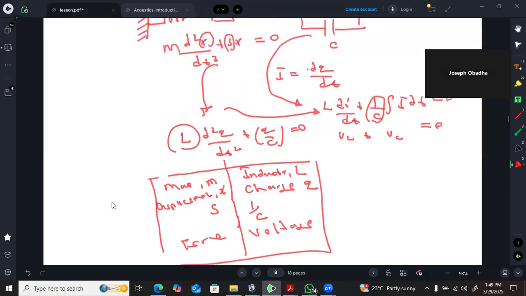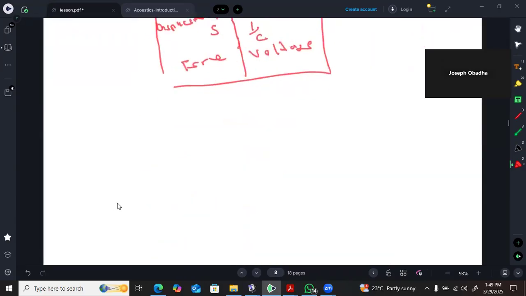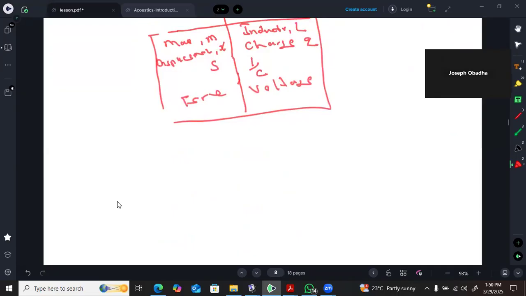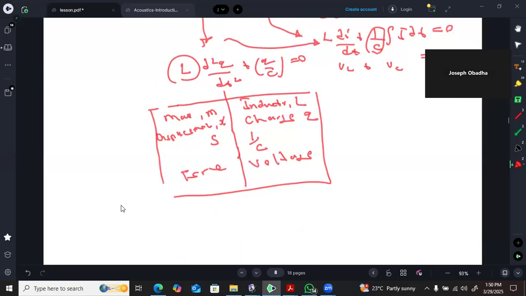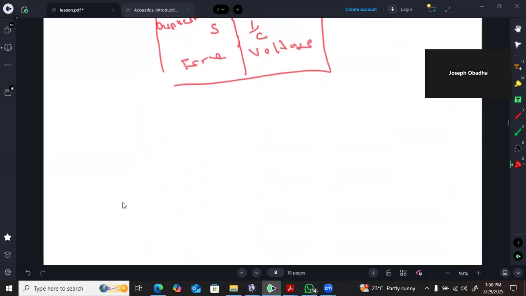The remaining circuits would be adding a few things here and there, but for the most part, most of the variables we have captured in this table. So let's look at the case of a damped mechanical system, and then we see what, for example, would correspond to the damper.